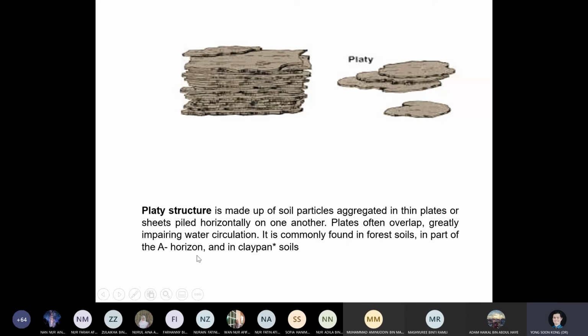So I would say the A horizon, plus the soil has a bit more clay particles in order to form this.